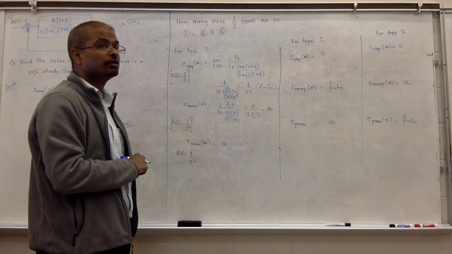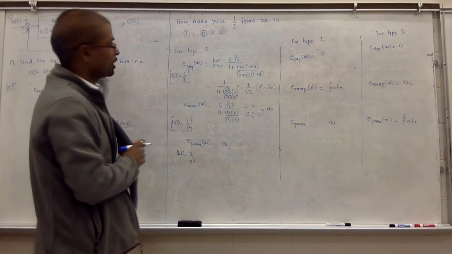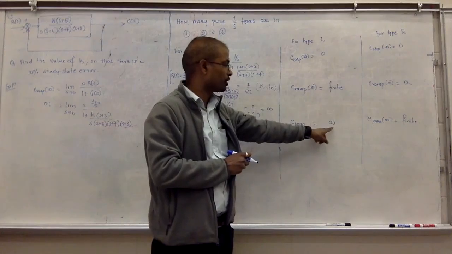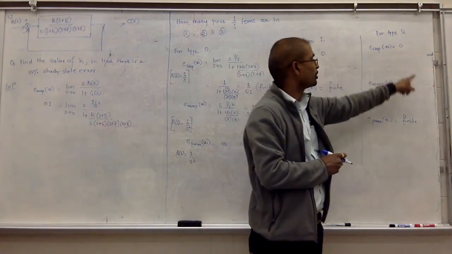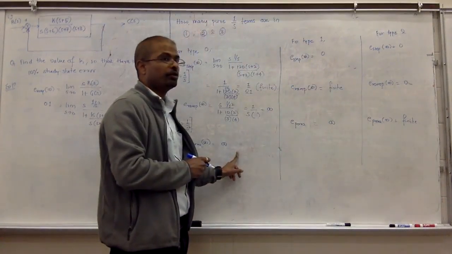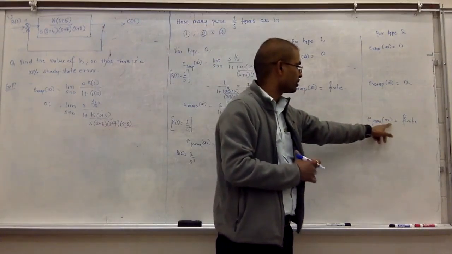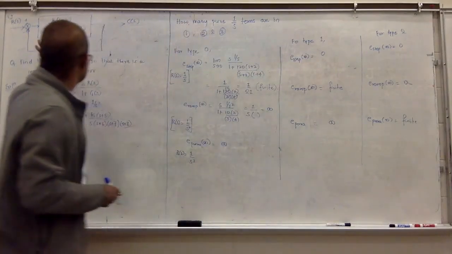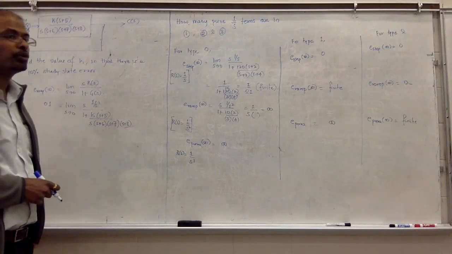So you're looking for the finite. It has to be finite, right? This 10% is finite. 10% is not 0. 10% is not infinity. So it has to be either this or this. But if you look at what type of system it is, this is a type 1 system because there is only one pure 1 over S.